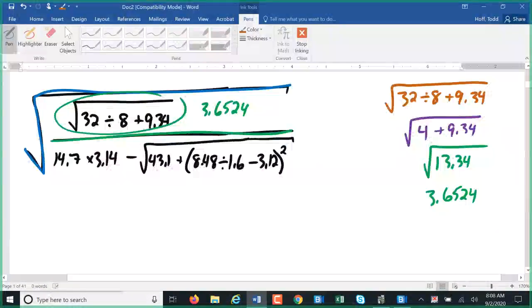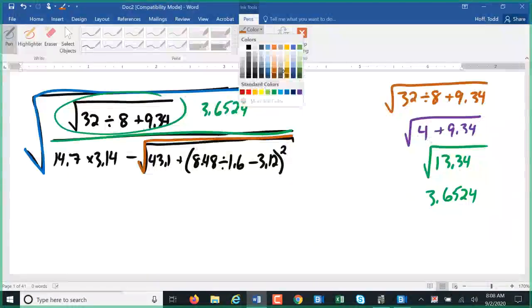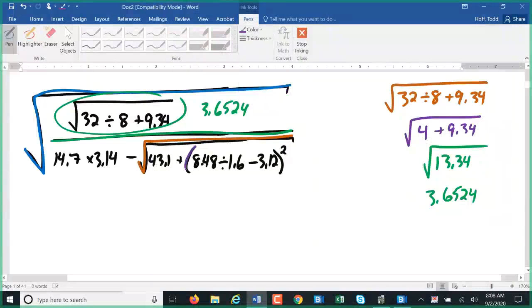On bottom, we have this enclosing symbol here first, the square root, so we're going to work inside there first. Inside there, we have another enclosing symbol, the parentheses, so we're going to start inside there.